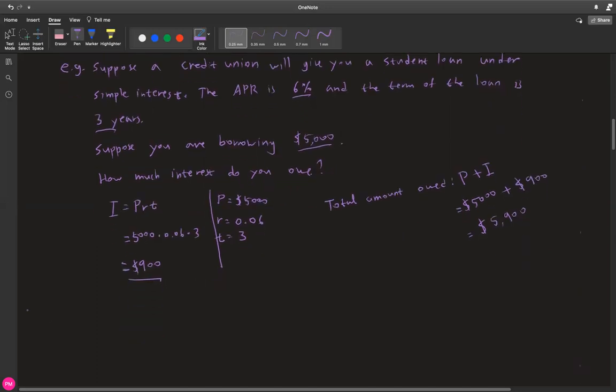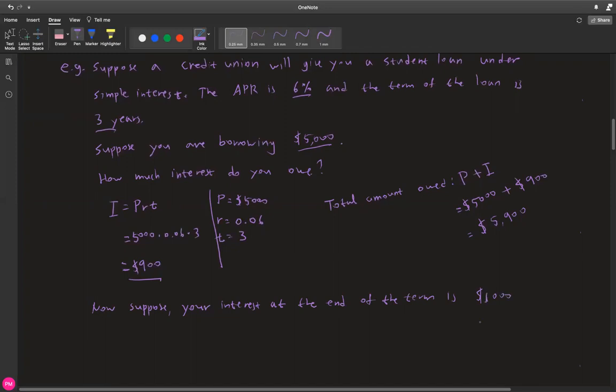But in this case, now suppose that your interest at the end of the term is $1,000.